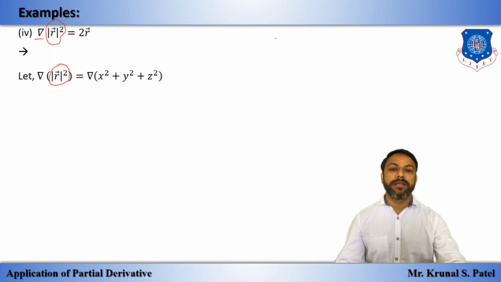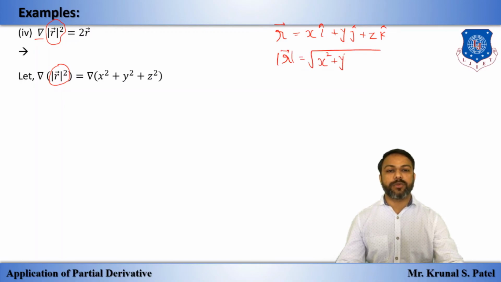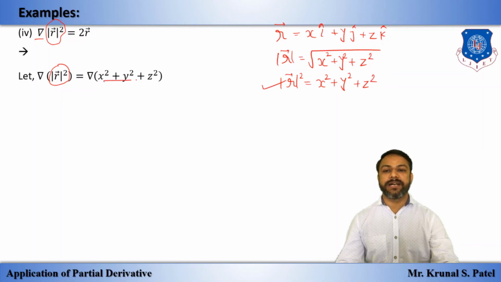As I told, we have vector r as xi plus yj plus zk. So the magnitude of this is under root of x square plus y square plus z square, and if taking square on both sides, we will get x square plus y square plus z square. So I am using this one here.